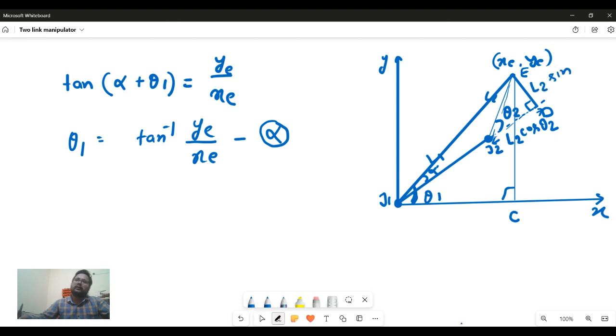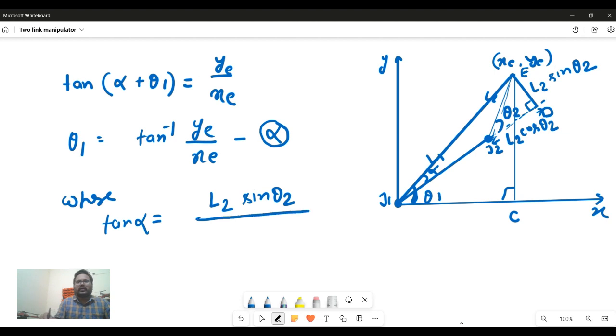So this is the base and this is the perpendicular, and this will be L2 sine theta 2. Now this alpha can be written as: tan alpha is equal to the perpendicular in this complete right angle triangle J1, E, D. The perpendicular is L2 sine theta 2, divided by this complete base, which will be L1 plus L2 cos theta 2.